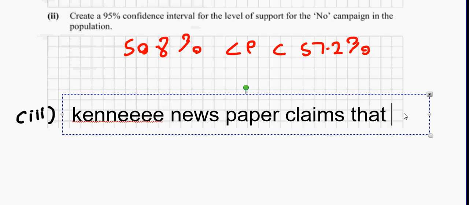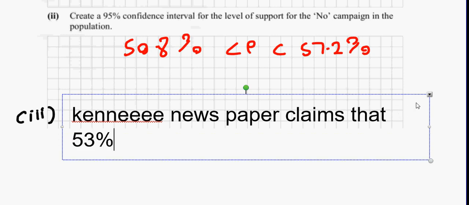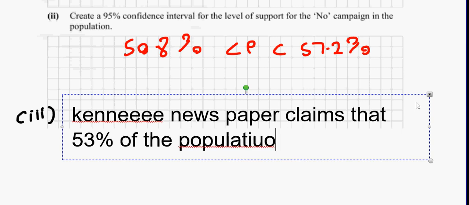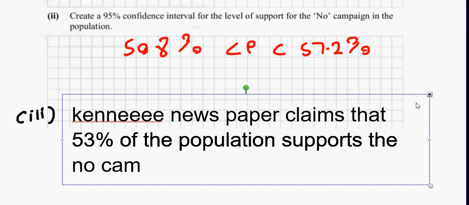A newspaper claims that 53% of the population supports the no campaign. What I want you guys to do is create a hypothesis test to test this out.